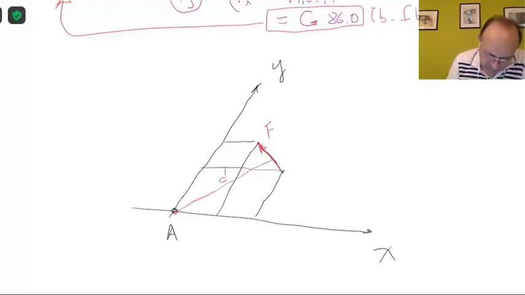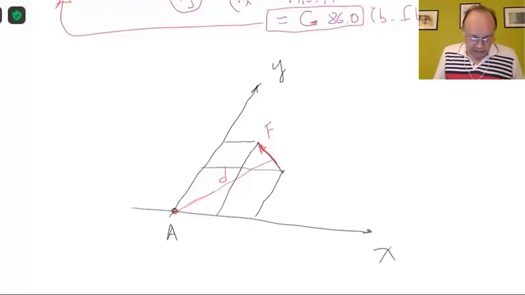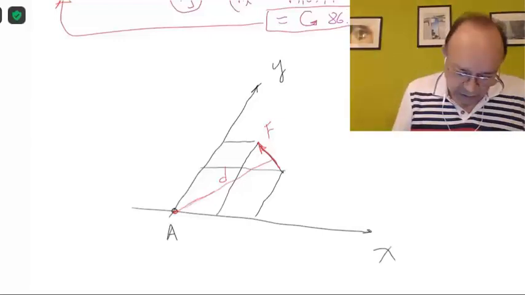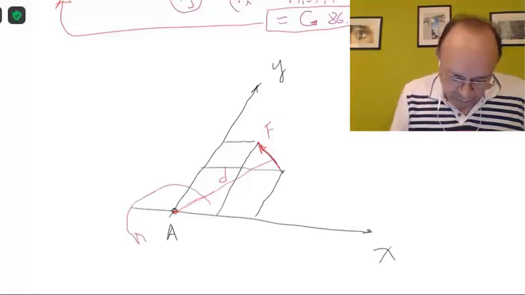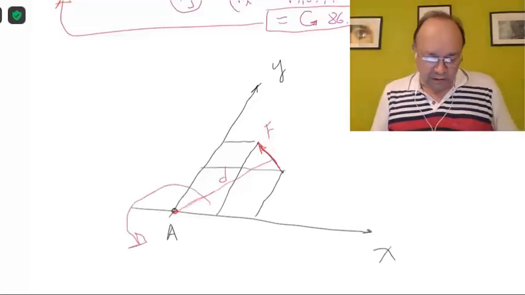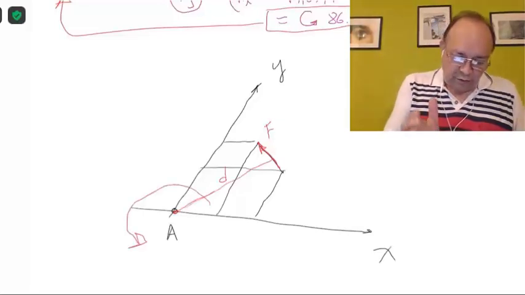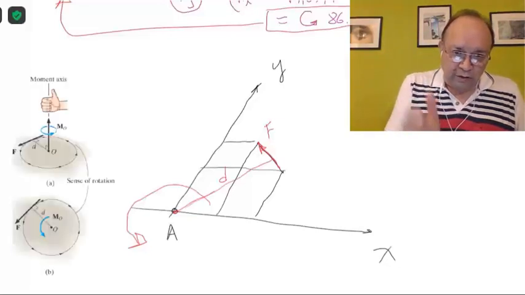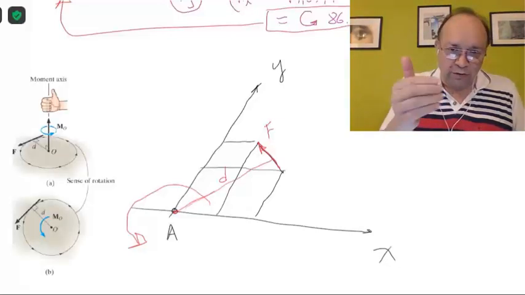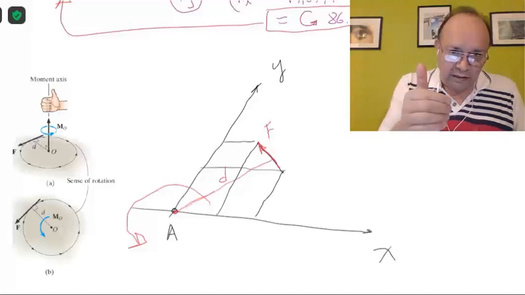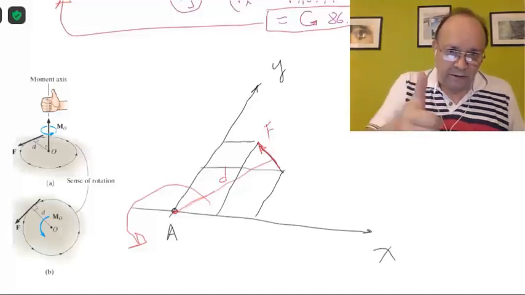This will be the distance d. If we look at the rotation that the force F is trying to produce with respect to the point A, that will be in this direction in this drawing here. So if you point to that rotation with all your fingers of the right hand, then the direction of the moment will be given by your thumb.